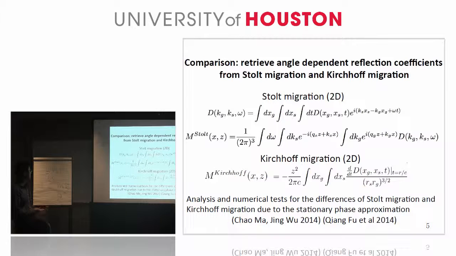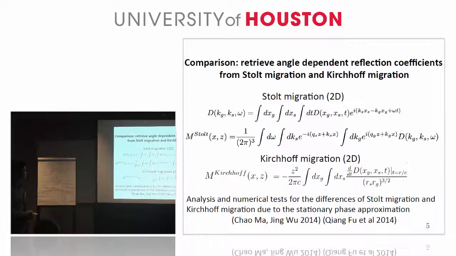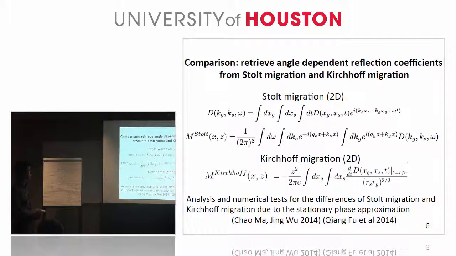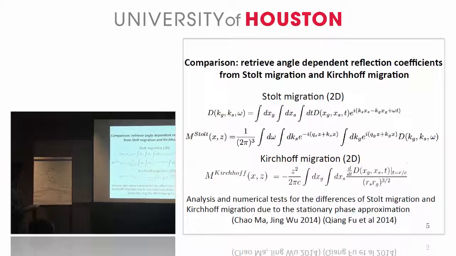And there are analysis and numerical tests for the asymptotic approximation from Stolt migration to Kirchhoff migration. My colleagues Chao, Jing and Qiang et al. have discussed this topic. I'm not going to take you through all the details. There is a review in the annual report, and I'm glad to discuss this topic with you.